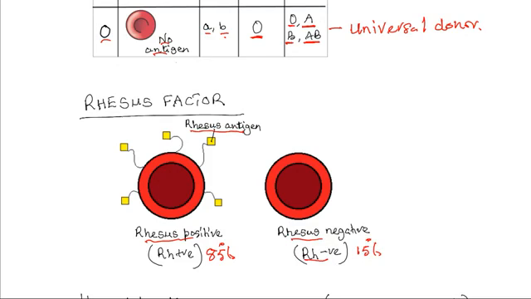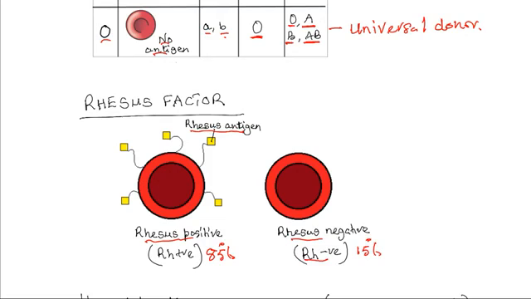Normally, the Rhesus negative person does not have antibodies against the Rhesus antigen. However, when Rhesus positive red blood cells are introduced into the circulatory system of a Rhesus negative person, then they will develop the anti-Rhesus antibody.